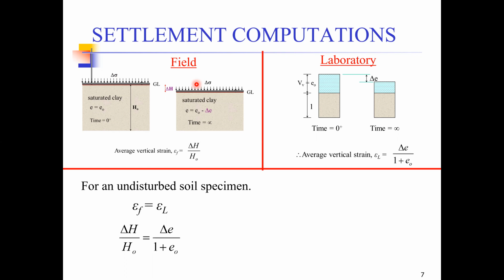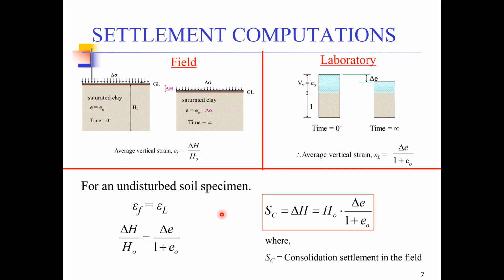If our objective is to determine the magnitude of settlement, isn't this delta H representing the magnitude of settlement that can occur in the soil? So from this equation, our ultimate goal is to determine the value of delta H. I can rearrange this equation and write it like this: delta H equals H naught times delta E over 1 plus E naught.